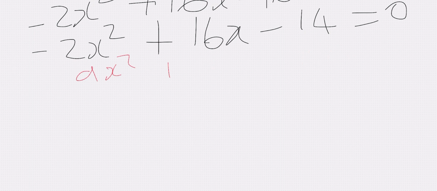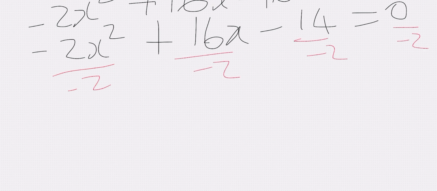So let's try and simplify our equation. Then you divide everything by minus 2. That will be 0. And then this will turn into plus 7, right?